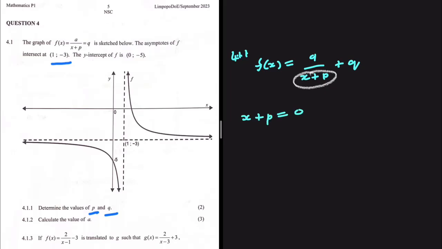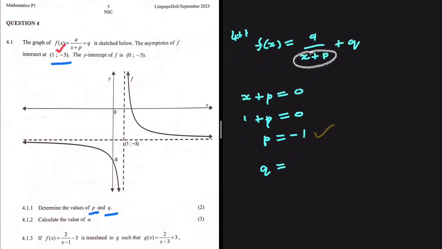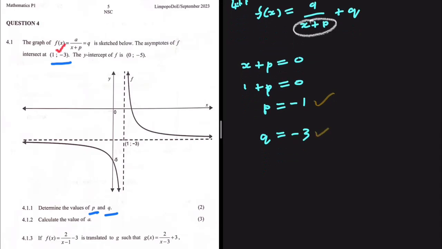But we already have the value of x. It is equal to 1 at the vertical asymptote. So 1 plus p is equal to 0. It is now easy to see that p is equal to minus 1. The value of q, on the other hand, is just equal to the horizontal asymptote, which is minus 3. So p is equal to minus 1 and q is equal to minus 3.